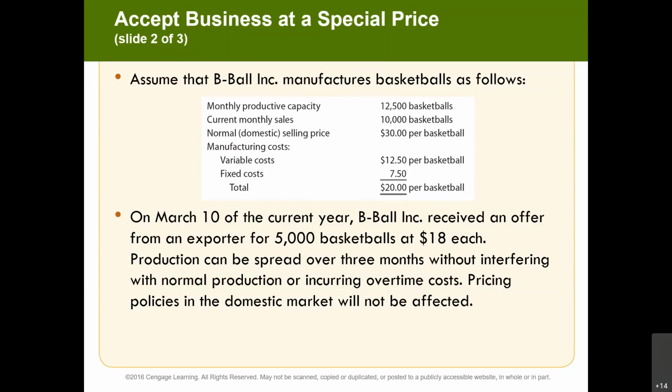In other words, the fixed costs exist regardless of where the basketballs are being sold. They are being incurred at the local level. So this would just be in addition to what I'm already doing. Does that make sense, Marcus?